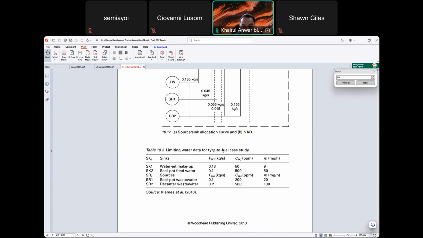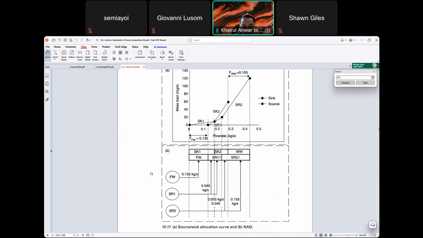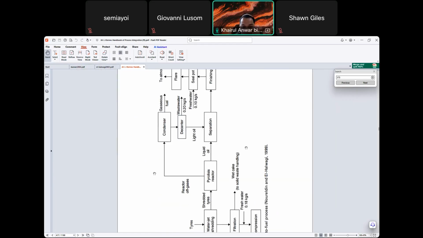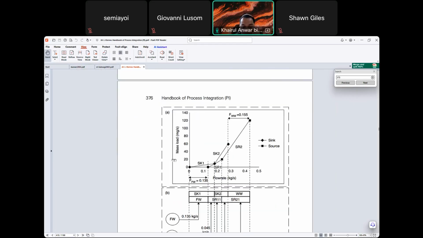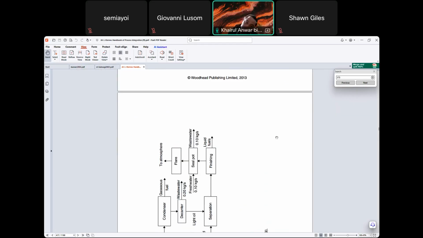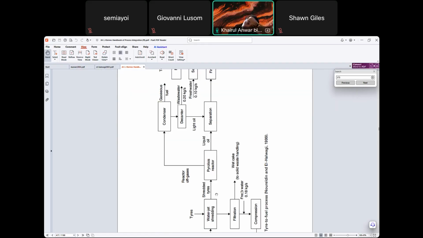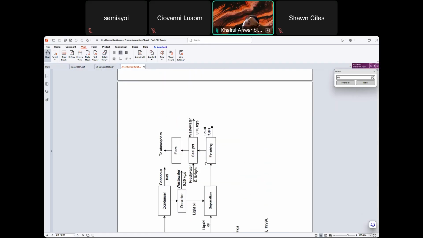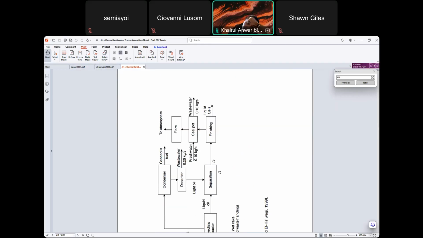So the limiting water data for the tire fuel case study: Sink 1, Sink 2, or the values. Yes, there are values for the source.